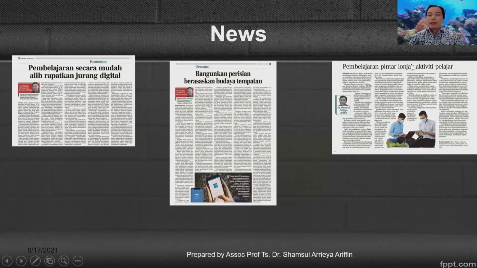Pembelajaran pintar melonjak aktiviti pelajar. Okay, this is also another part of the rencana. As you can see, I'm talking about smart learning, experiential learning, so they can get students more actively involved in this type of learning, right? So this is also under commentar.